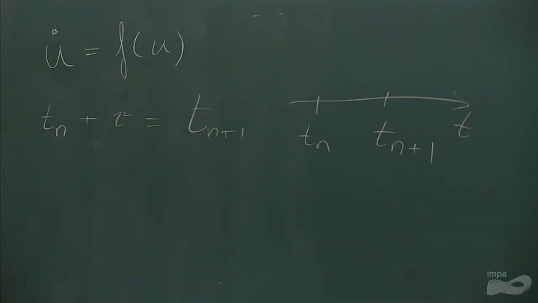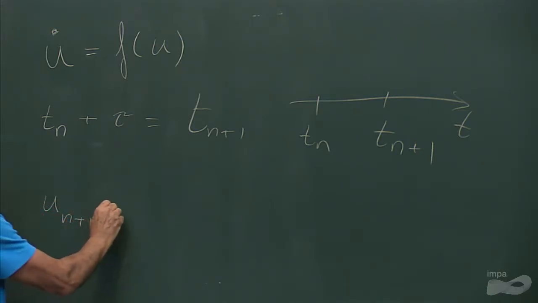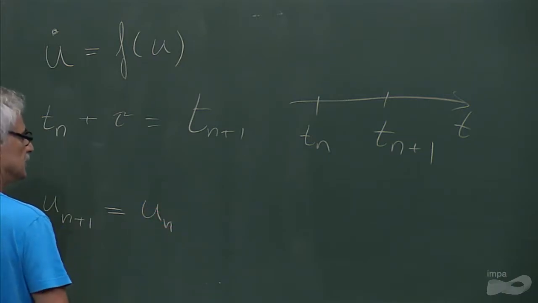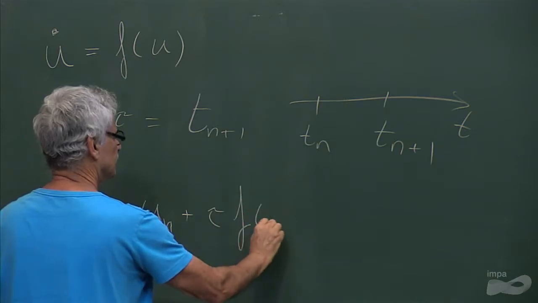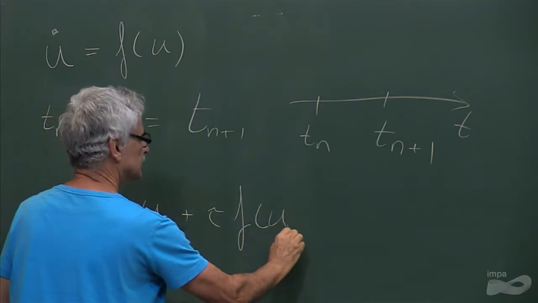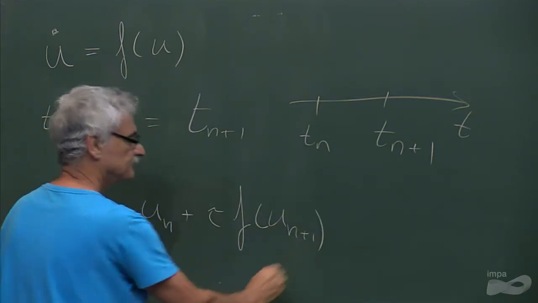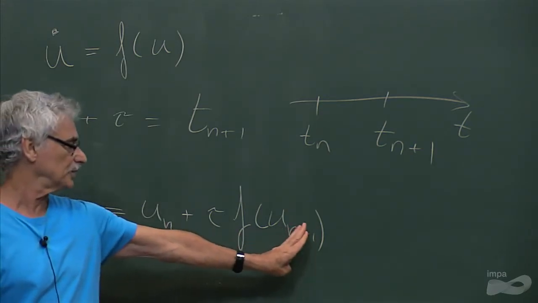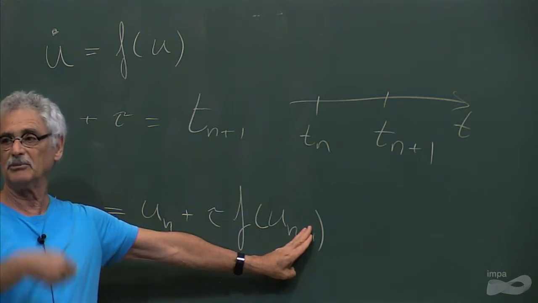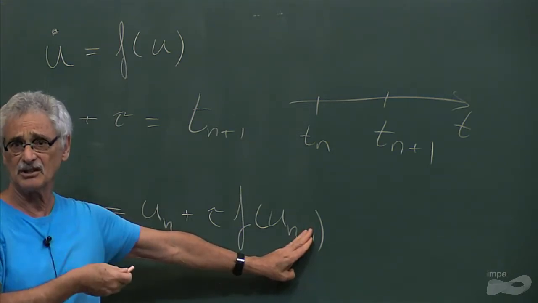So backward Euler says u at your next time level is given by u at the current time level plus tau times f of u at the next time level. That's backward Euler. If you do forward Euler, which means f of un here, it blows up because tau is large.